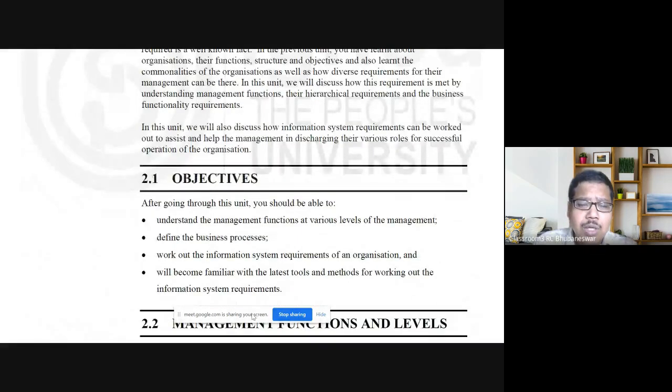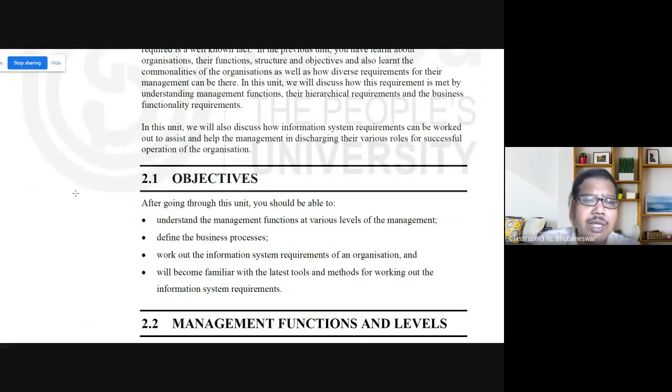Coming to the first point, we need to know what the different possible objectives may be. Management functionalities are various levels of requirements with respect to the organization only, and the organization has to be characterized, and depending on its characteristics the level has to be decided. We need to understand the business process, and this can be understood only when the information requirements are gathered at the prior level, and then we can get the information to be processed.